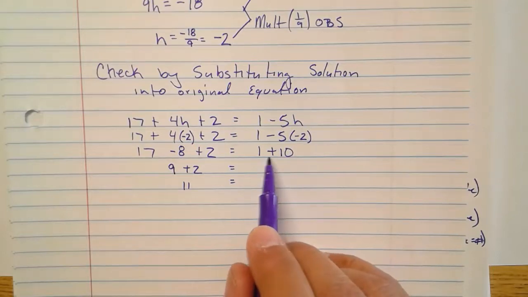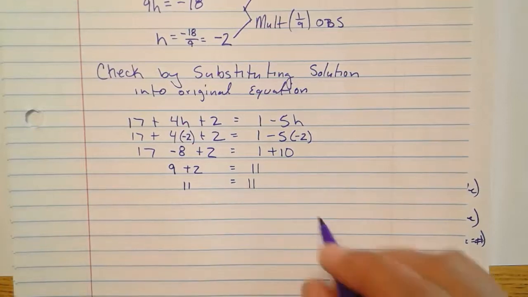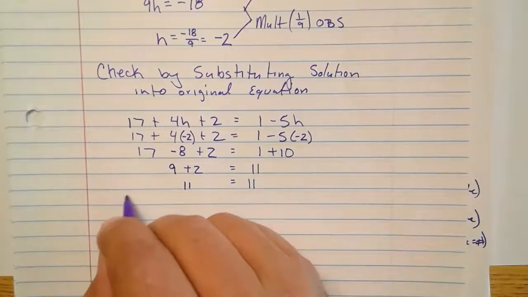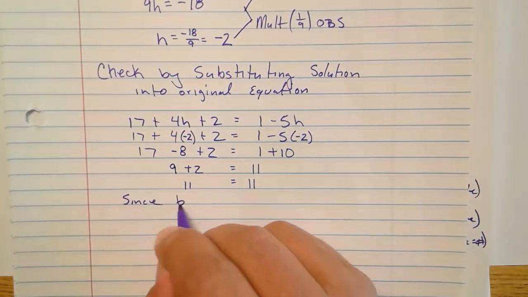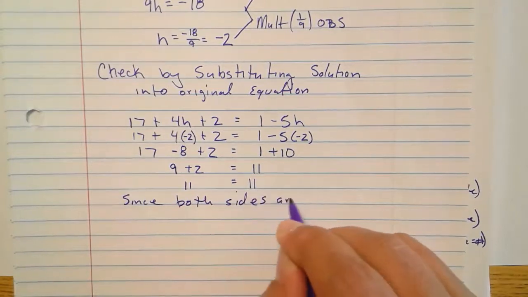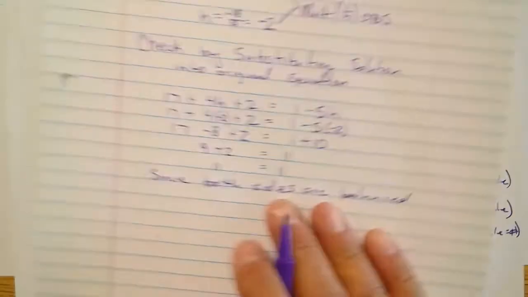Then I have 11. 11 is equal to 11. Since both sides are balanced, the solution is true.